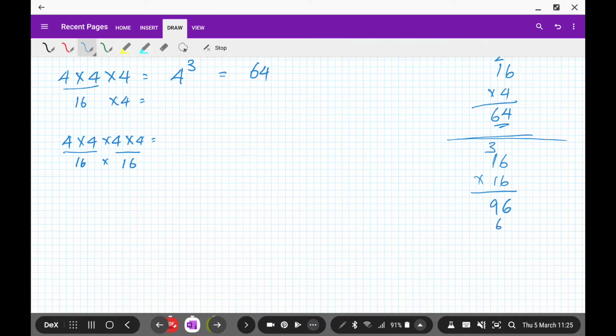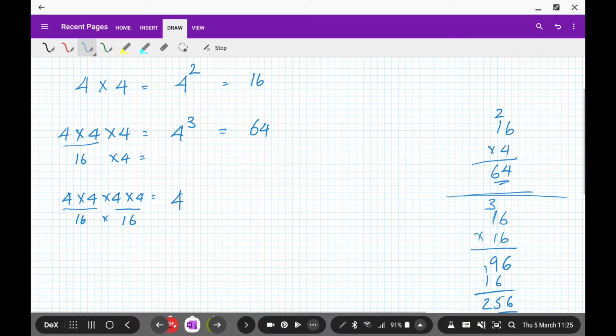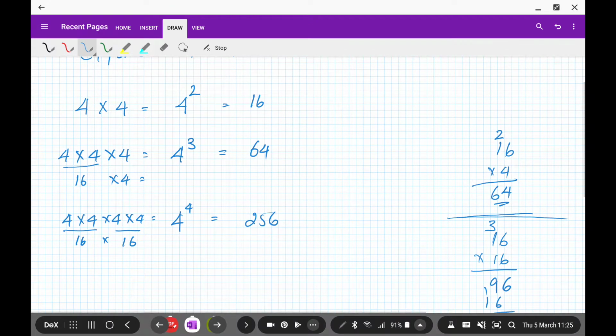Then 1 times 6 is 6, 1 times 1 is 1. 6 goes down, 9 plus 6 is 15, so 5, we carry 1, 1 plus 1 is 2, so 256. So we write this 4 to the power of 4, and the answer is 256. I think that's good enough.